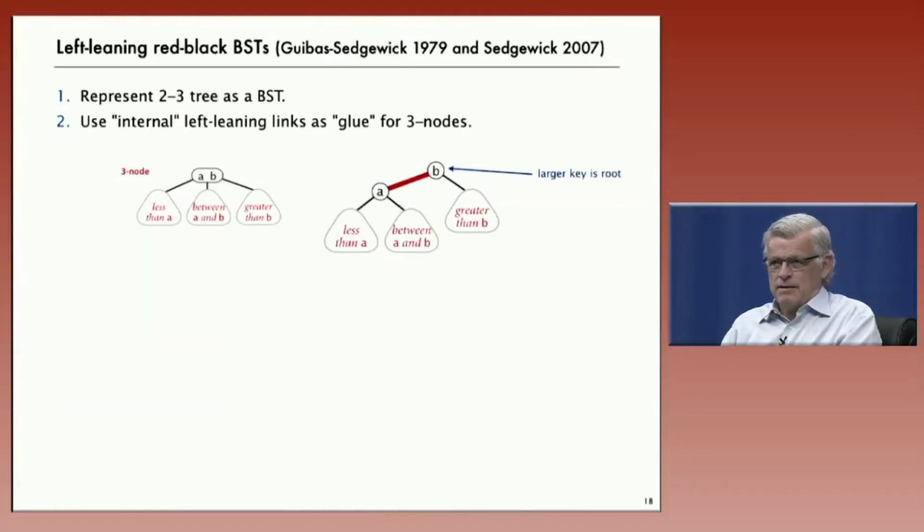Now we'll look at red-black BSTs, which is a simple data structure that allows us to implement 2-3 trees with very little extra code beyond the basic binary search tree code. The version that we're looking at is called left-leaning red-black BSTs. On a personal note, I wrote a research paper on this topic in 1979 with Leo Guibas, and we thought we pretty well understood these data structures at that time.